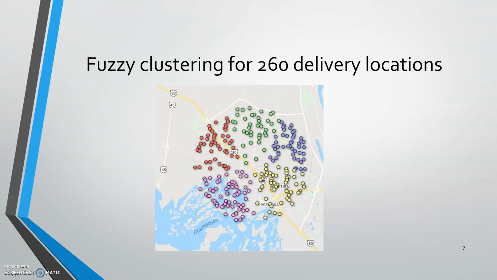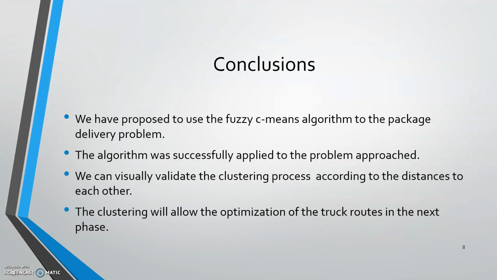This slide shows the application of the Fuzzy-Simmons algorithm to an instance with 260 delivery locations. Again, we set the number of clusters to 5. As we can observe, the result of the clustering process is consistent with the previous instances.